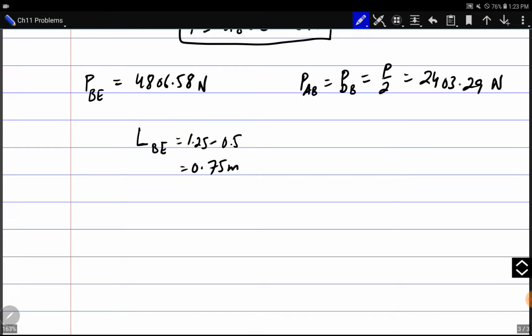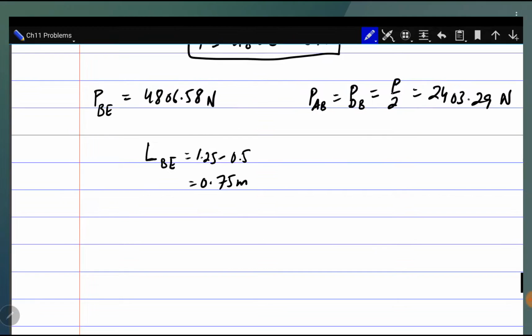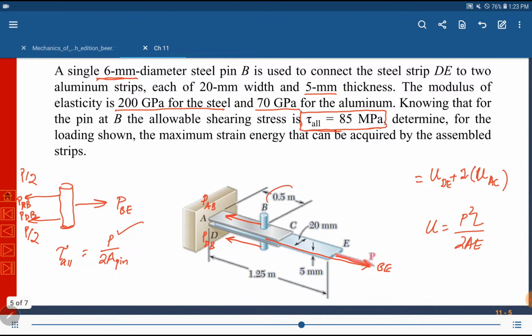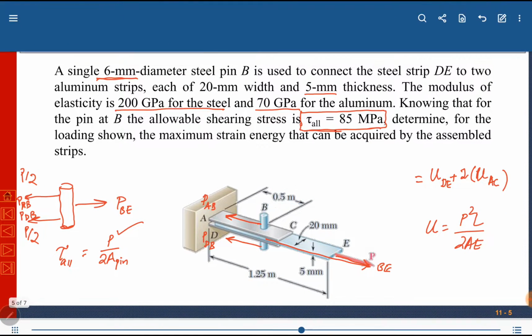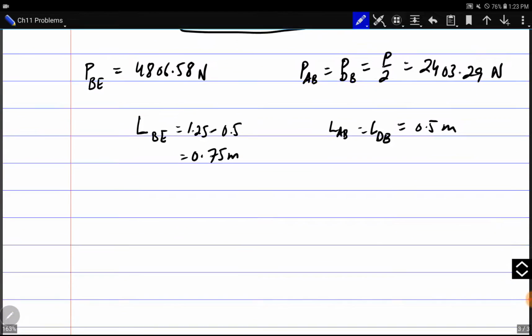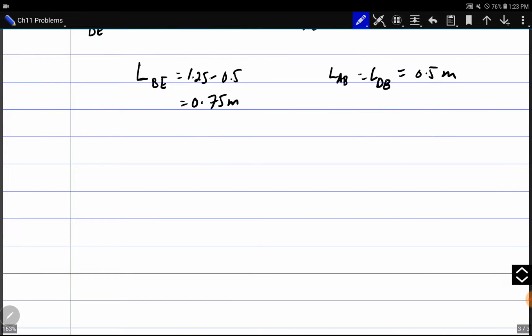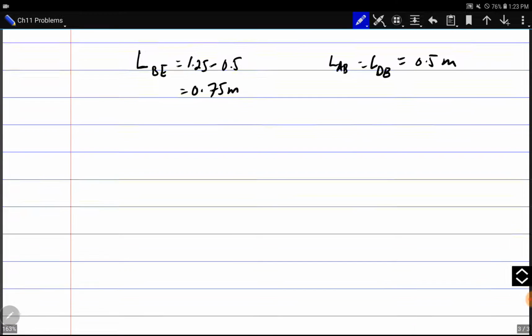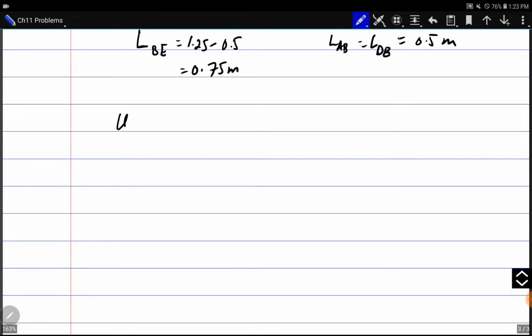Lengths of AB and DB are both given here, which is 0.5 meter. Length of AB and length of DB are both the same, 0.5 meter. Areas are 20 into 5 mm. 20 is width and 5 is thickness. So let us put all the values in the expression.